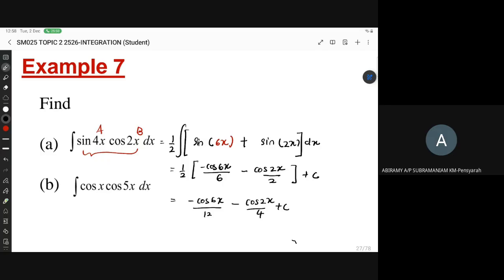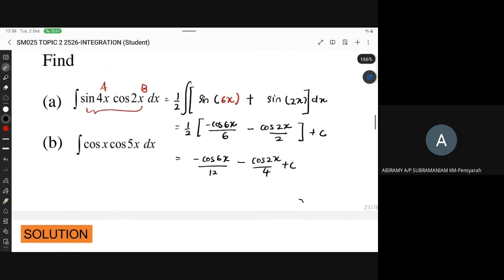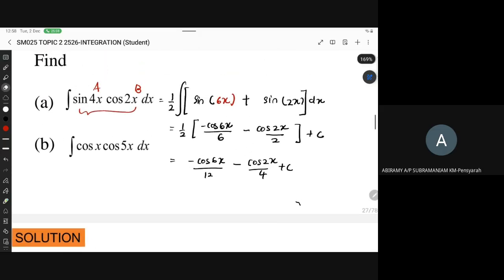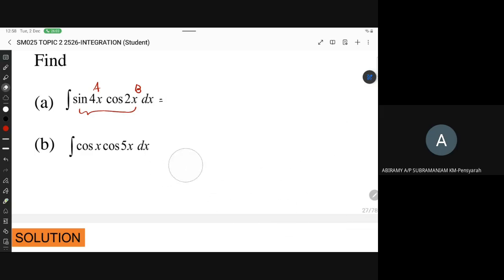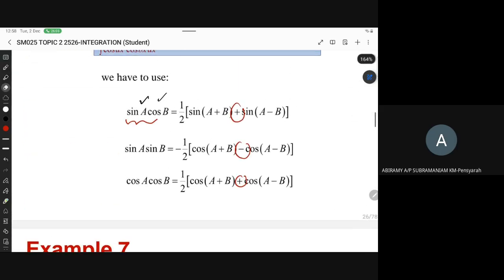Next, we are going to look at the integration of cos x multiply cos 5x dx. Among the three formulas, we are going to use the formula for the multiplication of cos and cos.